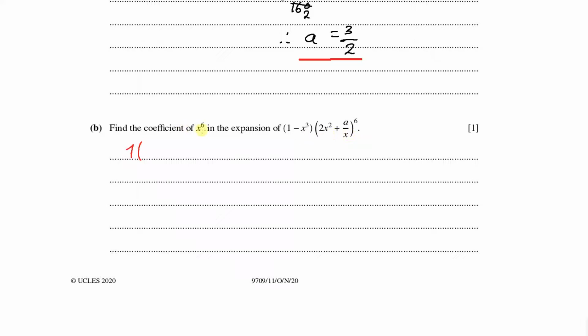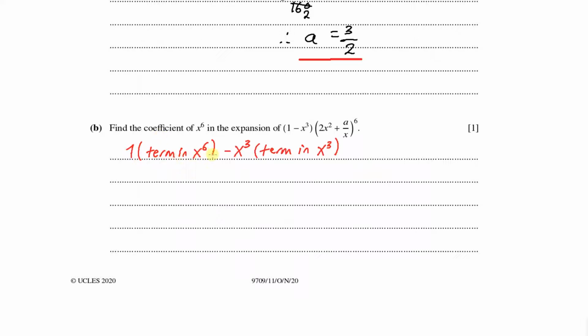And for us to get a term in x power 6, 1 should multiply a term in x to the power 6. Minus x cubed will also multiply the terms in the binomial expansion. And for us to get a term in x power 6, x cubed must multiply a term in x cubed. So this is what's going to give us a term in x to the power 6, from which we can take the coefficient.